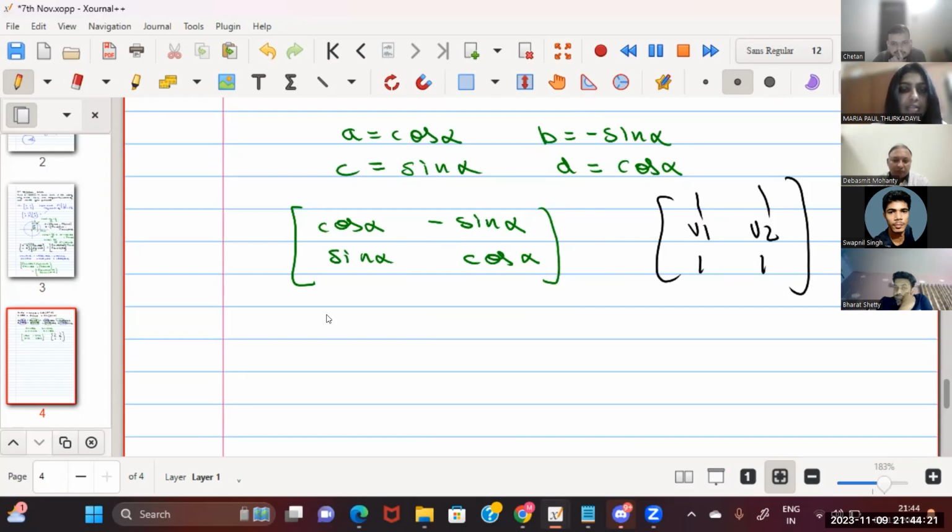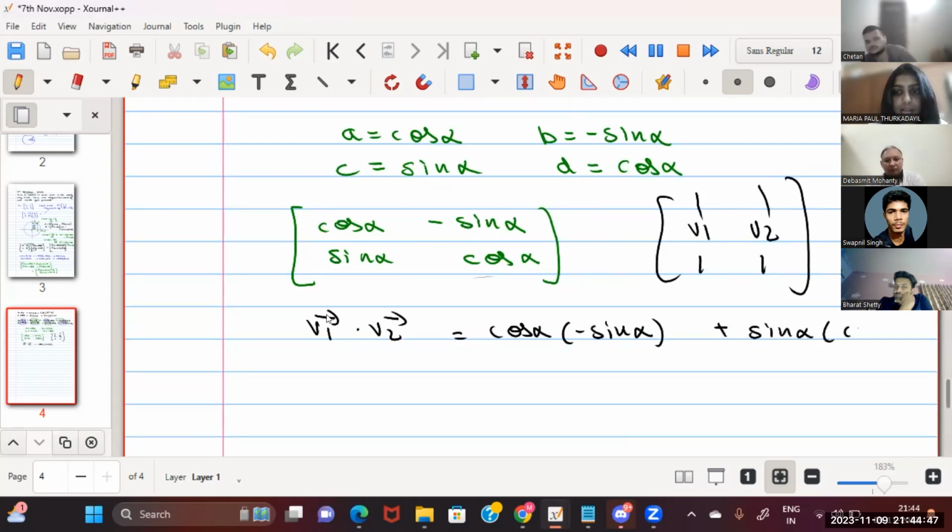The magnitude of V2 is also 1. And these two columns are orthonormal. If you take the dot product V1 dot V2, we get cos alpha into minus sin alpha plus sin alpha into cos alpha, which is 0.